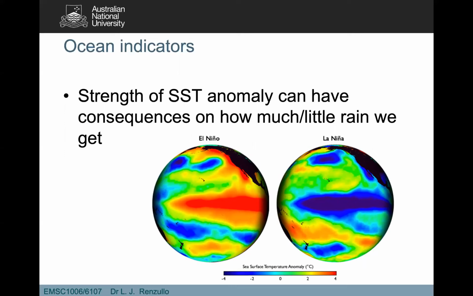I've got the El Nino and La Nina conditions here showing cooler or warmer sea surface temperature anomalies. We'll talk more about these La Nina and El Nino cycles in the next few slides, but here I'm just showing you the anomaly is a spatial pattern that has a large spatial range.